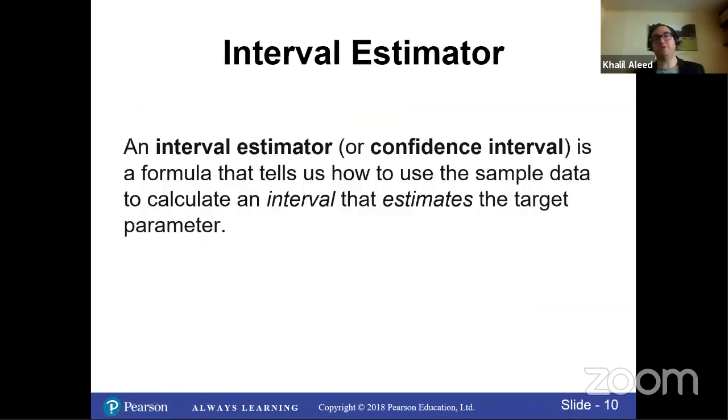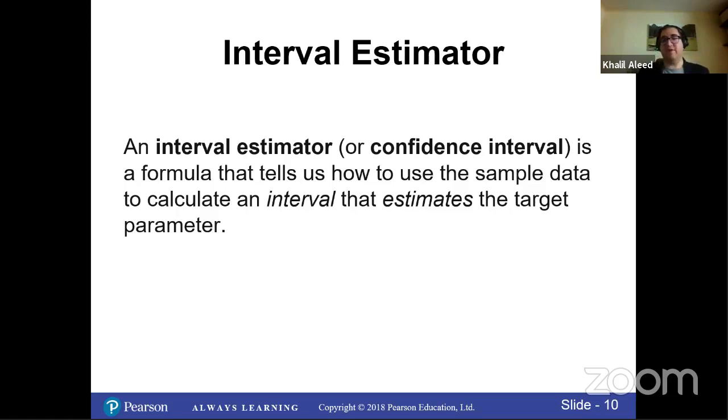On the other hand, with the interval estimate, we are not trying to specify a specific point. We are trying to specify a range. So instead of saying that the student's average grade is exactly 75%, I would say the student's average grade is between 70 and 80.